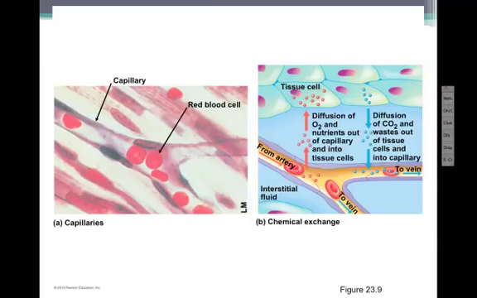It's a naturally occurring process of going from a higher concentration to a lower with no energy involved. And that's how O2 leaves the capillary to go to the tissue, because there's more oxygen coming from the heart, and it's going to go into the tissue that has more carbon dioxide. And the carbon dioxide then will diffuse to the capillary that has less carbon dioxide.